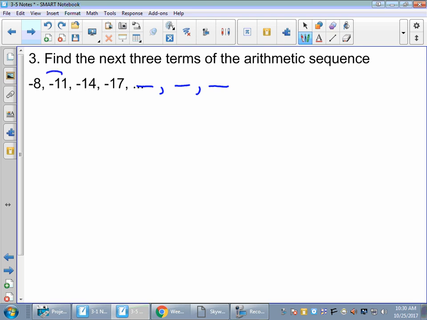If I subtract these two, negative 11 take away negative 8, it tells me my D value is negative 3. So I'm subtracting 3 each time. If I subtract 3 again, I get negative 20. Subtract 3 again, negative 23, and one more time, negative 26. So these are the next 3 terms of that arithmetic sequence, keeping with the pattern of subtracting 3 each time.